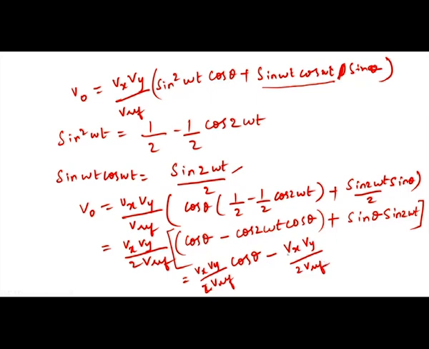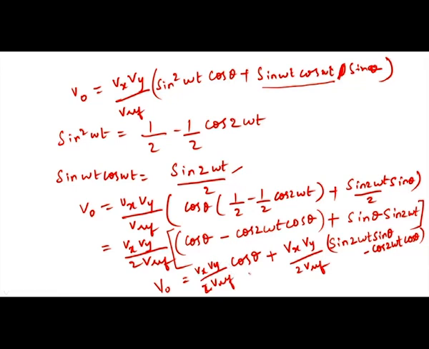If you take plus out, then it is sin 2 omega t sin theta minus cos 2 omega t cos theta. So, these are the two terms you will be getting for the output voltage.